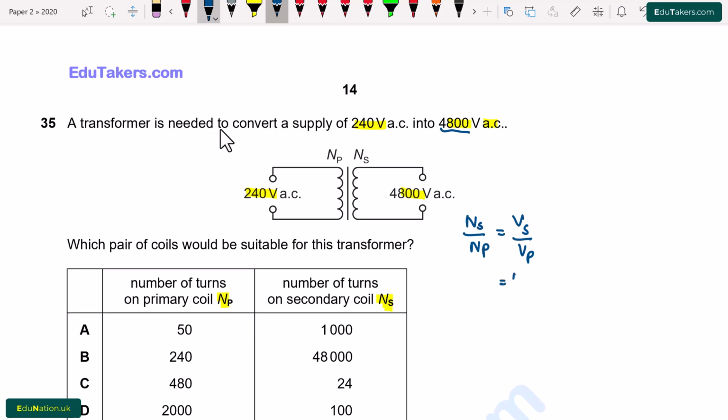So I write here 4800 divided by Vp, which is 240. This is basically equal to 20. So Vs over Vp is equal to 20. Next we have to check the number of turns ratio. If this ratio is equal to 20, it means that this is suitable for the transformer.